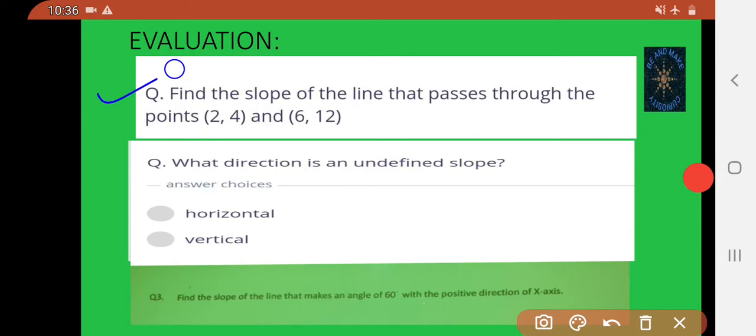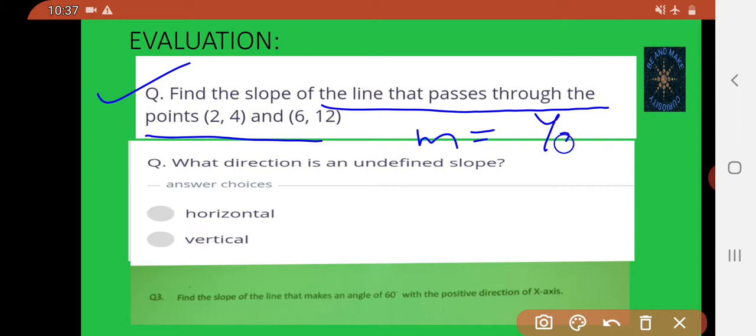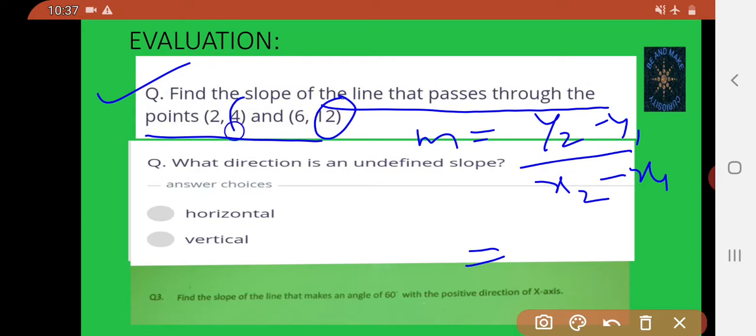Now we shall solve some questions. Find the slope of the line that passes through the points given. You know the formula, m is equal to y2 minus y1 by x2 minus x1. Here y2 is 12, y1 is 4, so 12 minus 4 by x2 is 6, x1 is 2, so 6 minus 2.